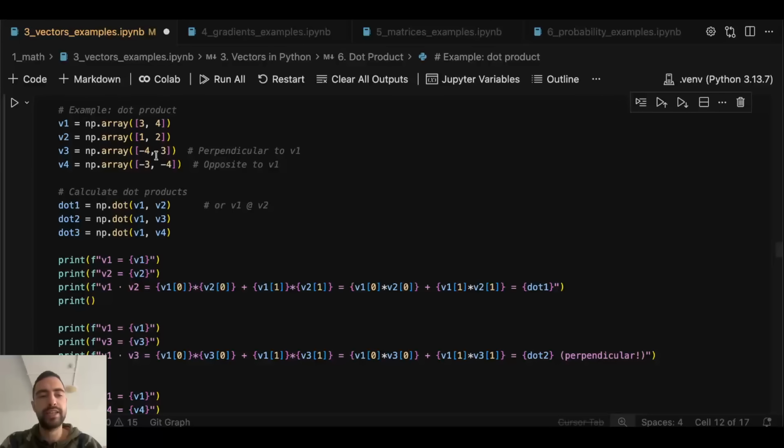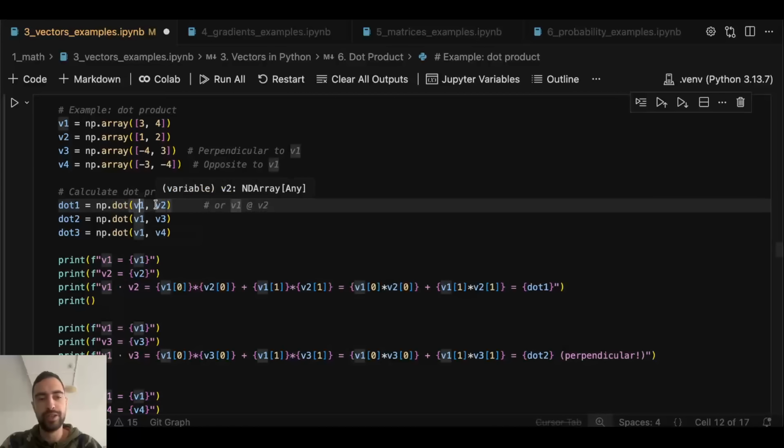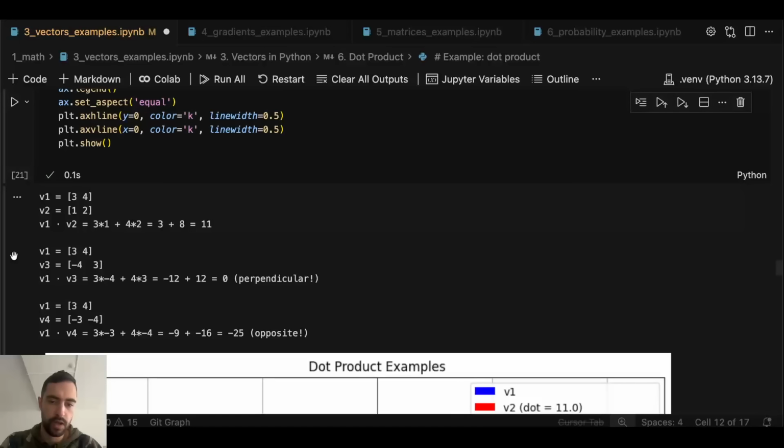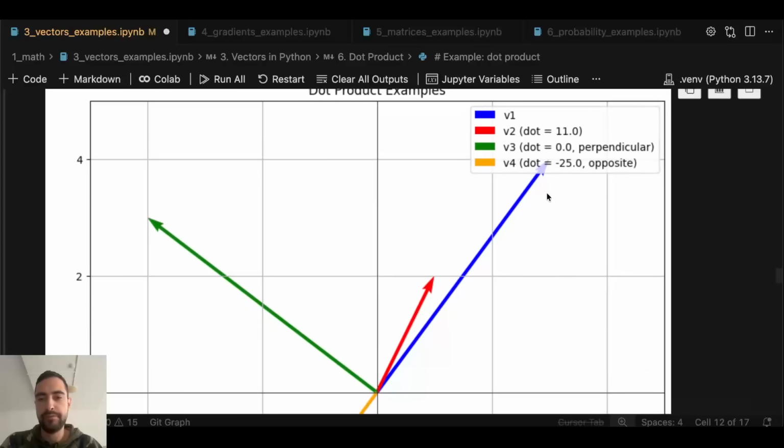In Python, we can calculate the dot product by just calling np.dot(v1, v2), vector 1, vector 2. So vectors v1 and v2 that we calculated manually have a dot product of 11. Now these two vectors, 3, 4 and -4, 3, have a dot product of 0, which means they are perpendicular. So v1 and v3, you can see that the angle between them is 90 degrees.